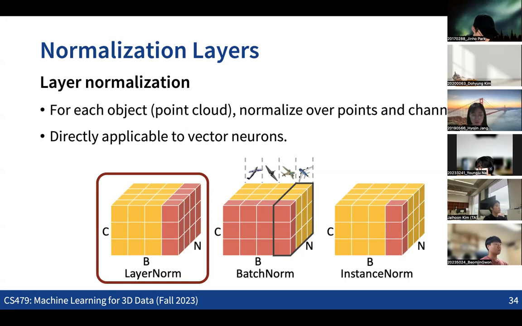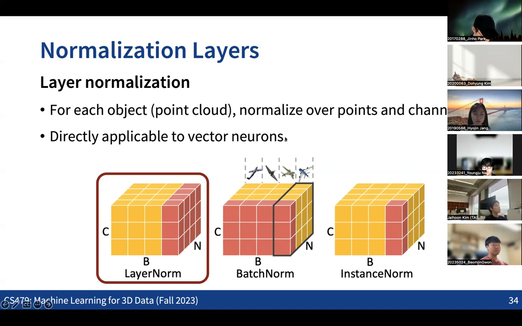In the case of making something like PointNet, layer normalization is defined as, for each of the objects, for each point cloud, we normalize the features over all the points and all the channels. That's the layer normalization. And we can directly apply this idea to the given vector-list features. There's no reason not to apply these kinds of things.